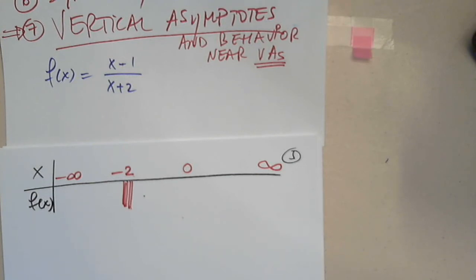Just wanting to make sure why we put the negative 2 again. Okay. Can anyone tell us why? It's where it's undefined. Why is this function undefined? Because of the denominator. Very good. The denominator cannot be 0.